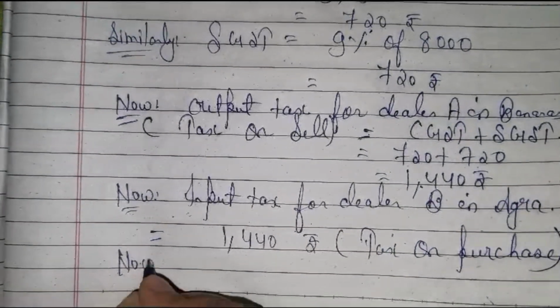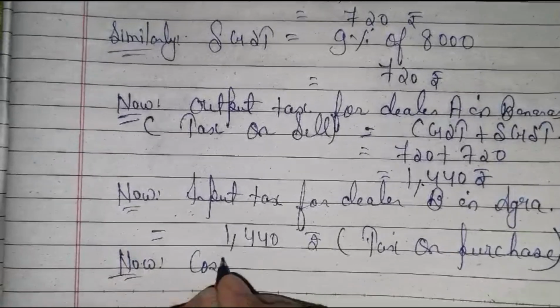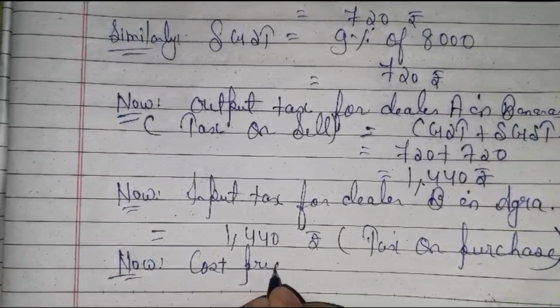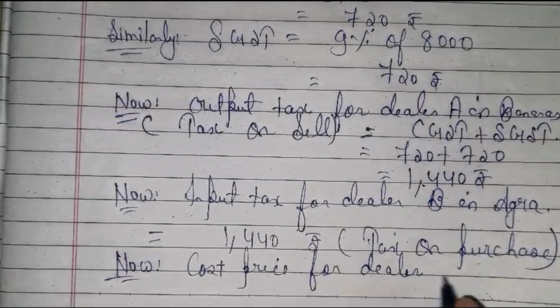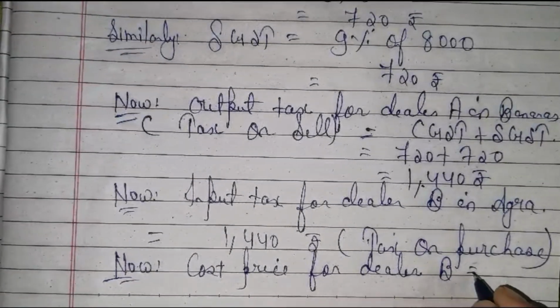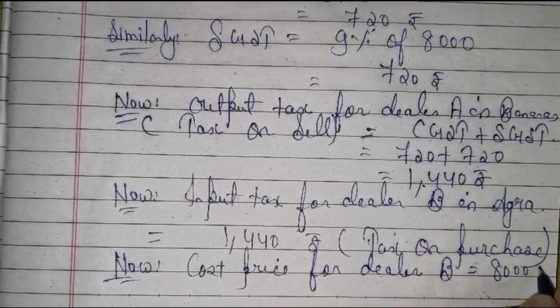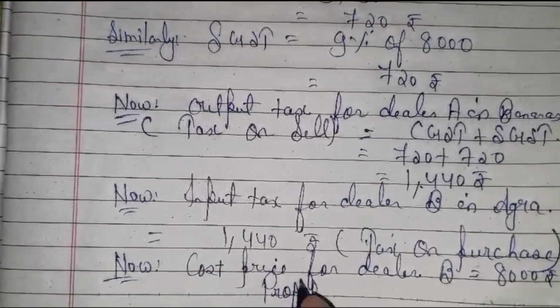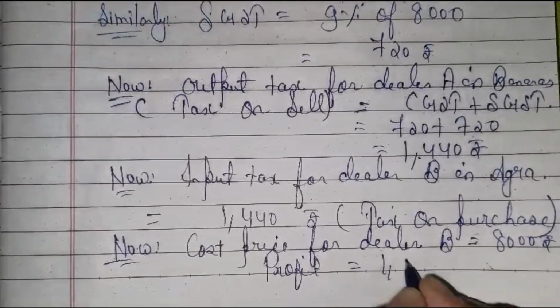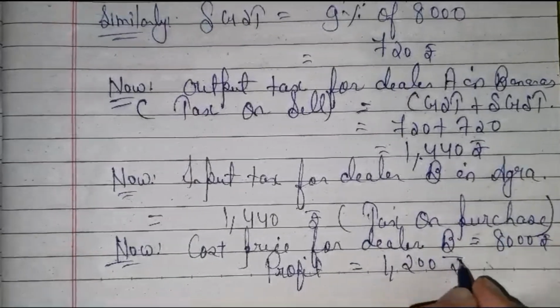Now cost price for dealer B equal to 8,000 rupees. Profit equal to 1,200 rupees.